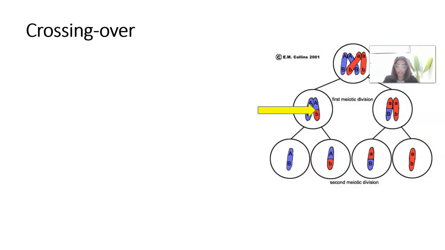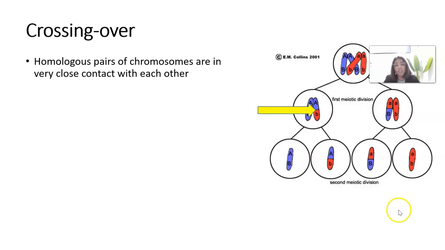Now, I'm going to go back and revisit this idea of crossing over. So up here, remembering this only happens during the first meiotic division, really important. This double chromosome, let's say from the maternal parent, and this double chromosome from the paternal parent, they are switching.